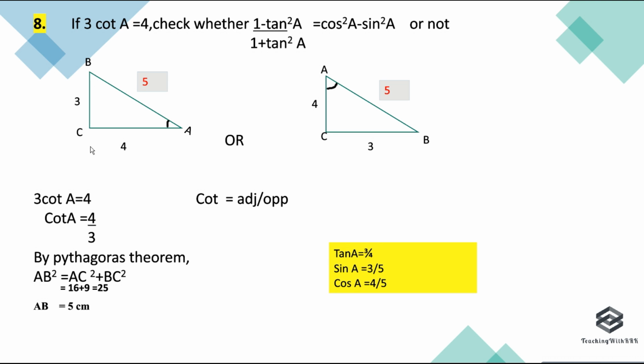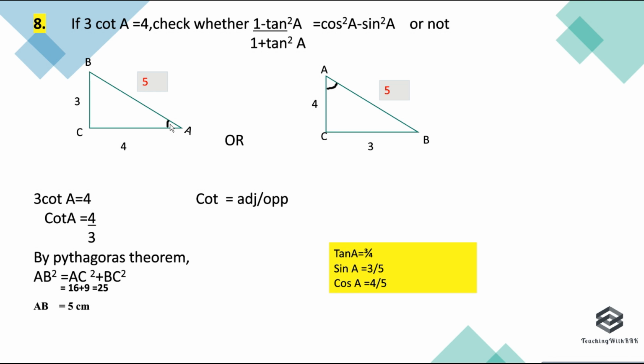Now you should find out tan A, cos A and sin A to check whether LHS equal to RHS. So first tan A. What is tan A? Tan A is opposite of angle A divided by adjacent of angle A. So opposite of angle A is 3, adjacent 4, 3 by 4.